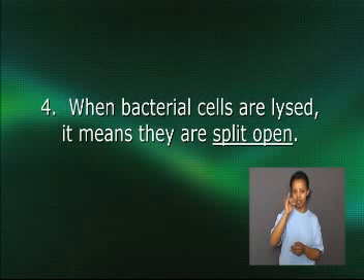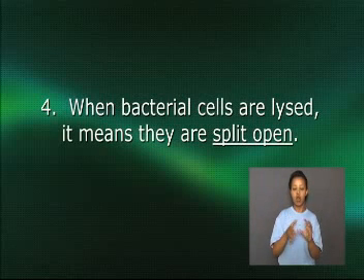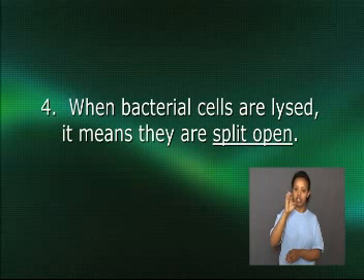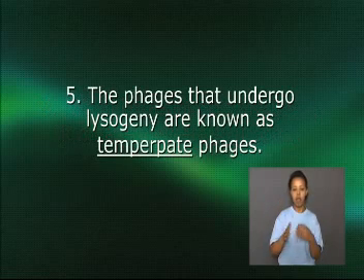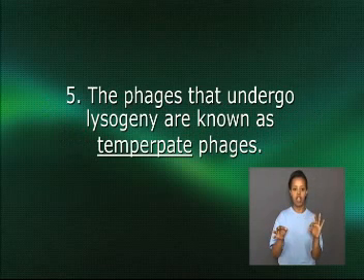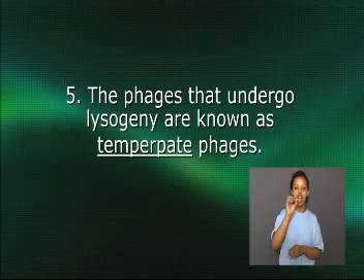The next sentence should read, when bacteria cells are lysed, it means they are split open. Finally, the last sentence should read, the phages that undergo lysogeny are known as temperate phages.